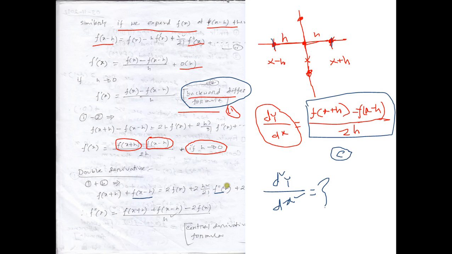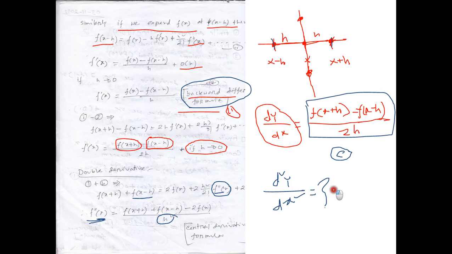From this we can find the second derivative: f(x plus a) plus f(x minus a) minus 2f(x), divided by a square. This is the second derivative formula.